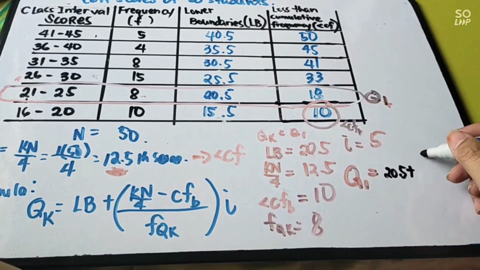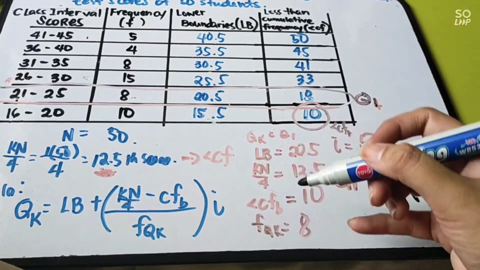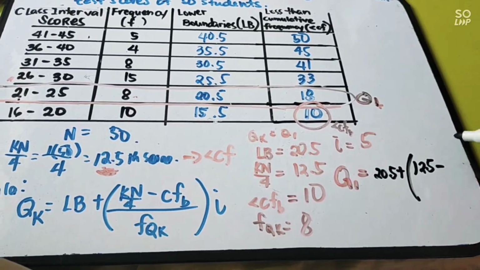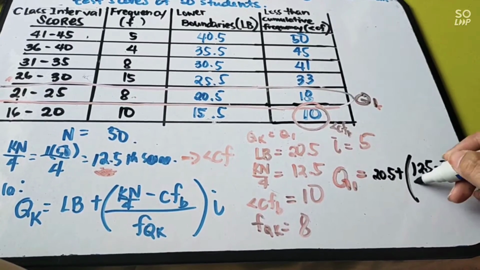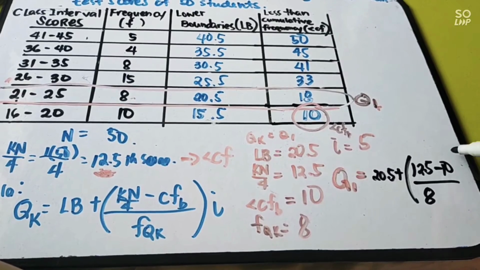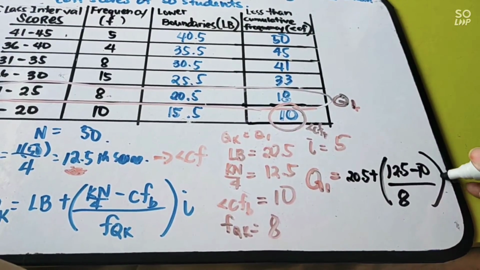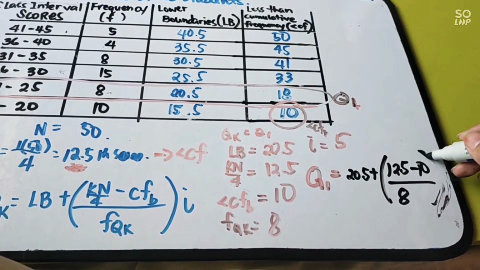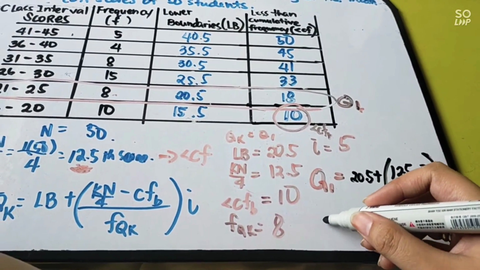Then, plus natin, open parentheses, your KN4, we have here 12.5, then minus, less than CF mo, we have 10, divided by the frequency natin, we have here 8. And then, multiply siya sa ating I, which is 5. Times 5 pa. Then, let us simplify.